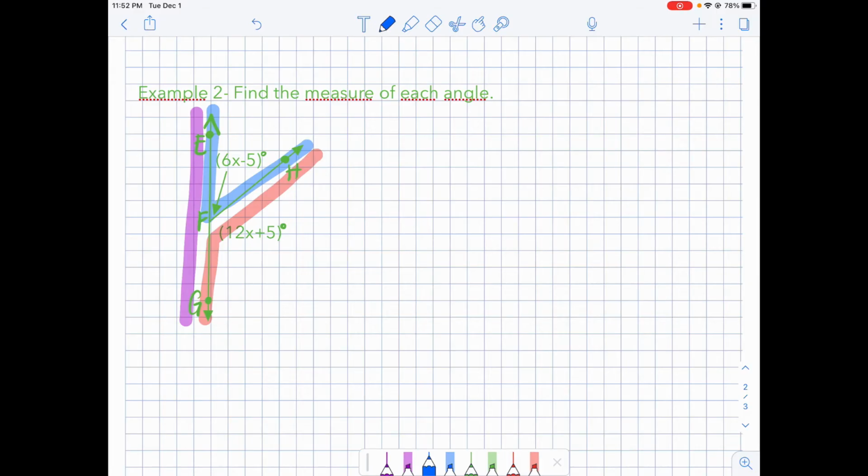Now at this point, I highlighted the blue angle first. I'm going to write angle EFH. And if you didn't remember, once again, the vertex has to be in the middle. That's why I put F in the middle.